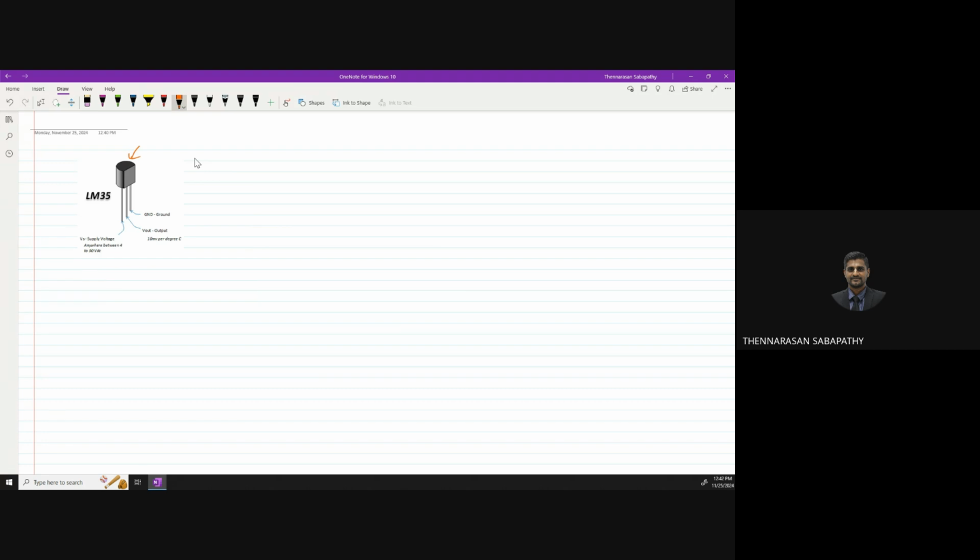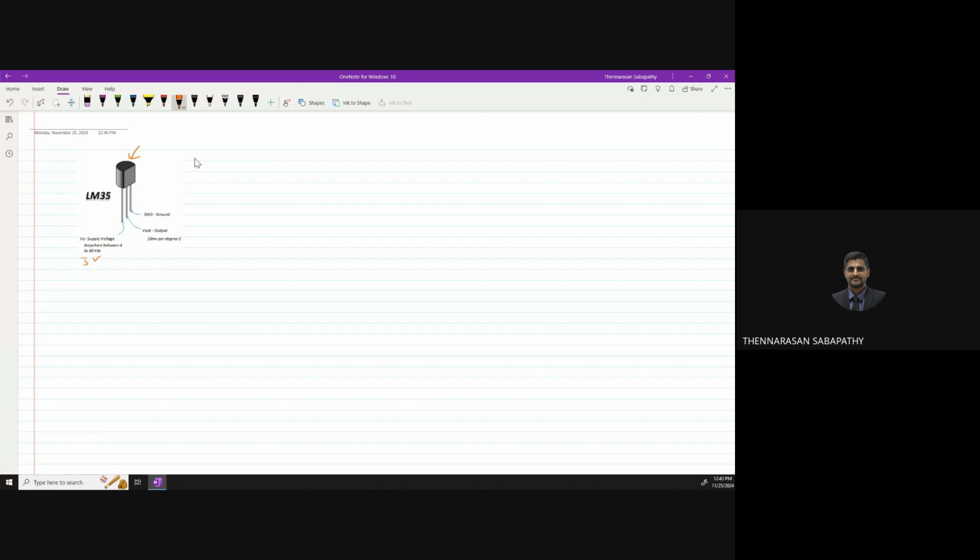Usually we will connect to 5-volt VCC, this pin is connected to ground, and you will get the output of 10 millivolt per degree Celsius. The step size is 10 millivolt per degree Celsius. You can use it from -55 to 150 with a certain configuration of the LM35, or 0 to 100 with another configuration. You can look at the datasheet later.